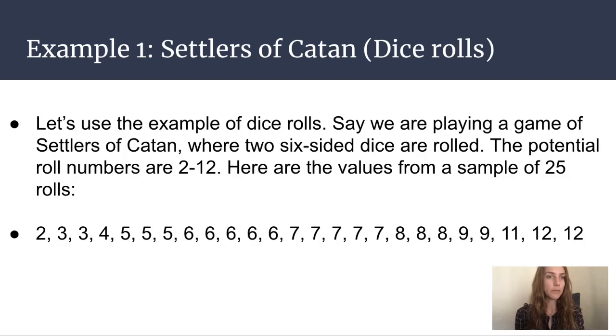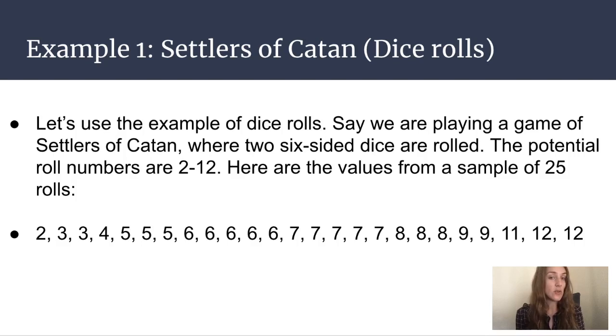If we take a look at this data, we can see that some numbers were rolled more than others. We only have one 2, while we have more 6s and 7s. But we can't say much about this data right now. If we want to do some statistics and describe this sample, we need to do something a bit more.